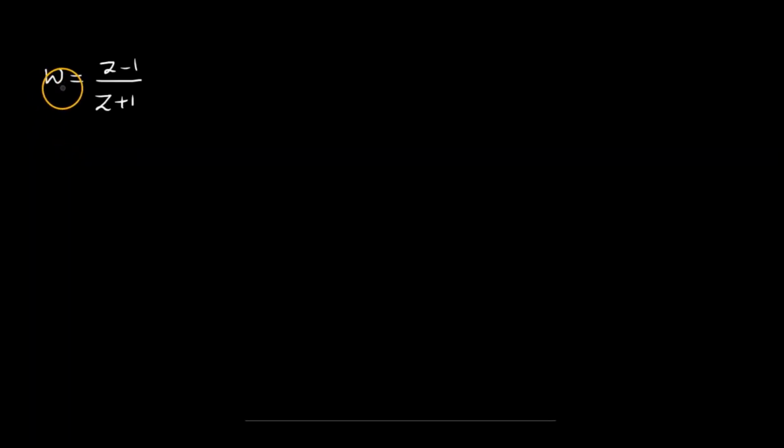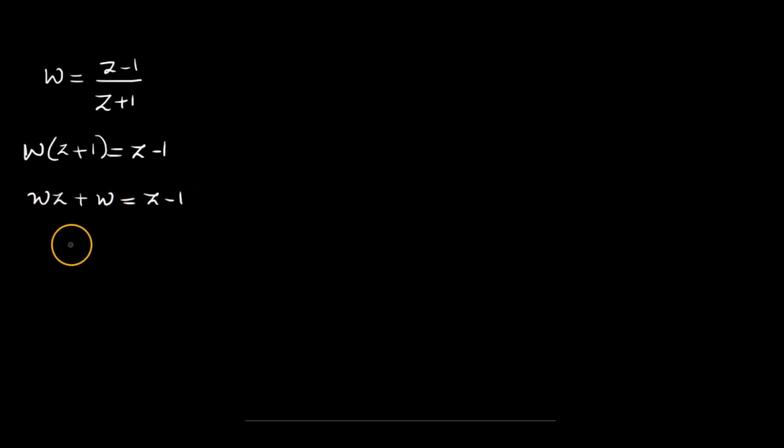So, we are given W equal to (Z minus 1) divided by (Z plus 1). Now, we need to find Z. So, we multiply W into (Z plus 1), it is equal to Z minus 1. That is WZ plus W equal to Z minus 1. Now taking the minus 1 to this side, it is plus 1, then Z minus WZ.